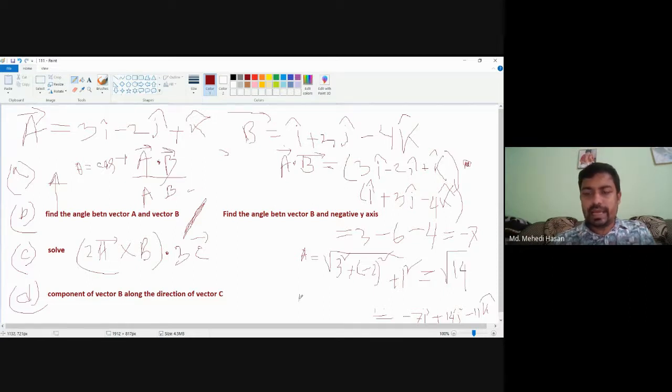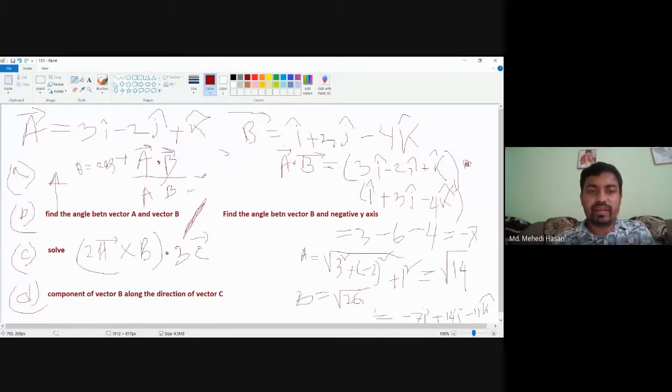14, and vector b will be equal to root over, আমি জাস্ট ক্যালকুলেট করে দিচ্ছি, 16 and 9, 26, okay. So root over 26 is the magnitude of b, and root over 14 is a.